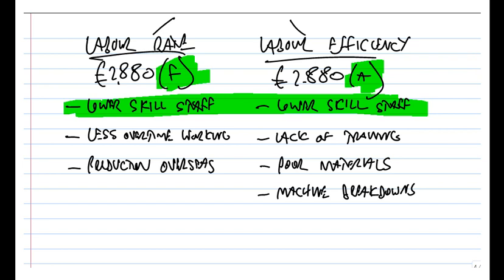That would give us the advantage of being able to pay them less, so maybe we're paying them less than £8 per hour. That's giving us the favourable labour rate variance, but these lower skilled staff would be slower. They're not going to be as quick as our normal workers, so they're going to take longer than 3 hours to make each unit. That's going to give us our adverse labour efficiency variance. So it's particularly interesting if you can think of reasons why we might get both variances occurring at the same time.